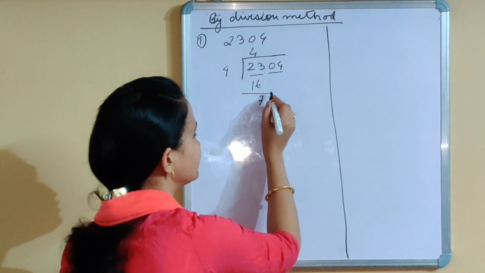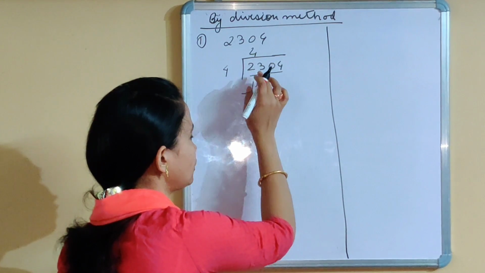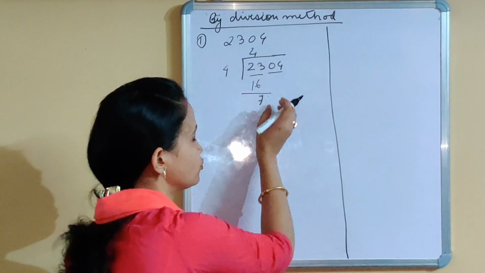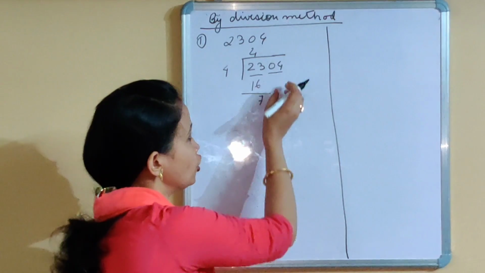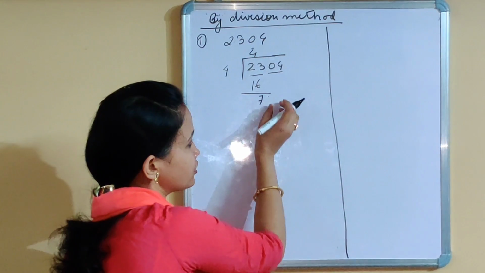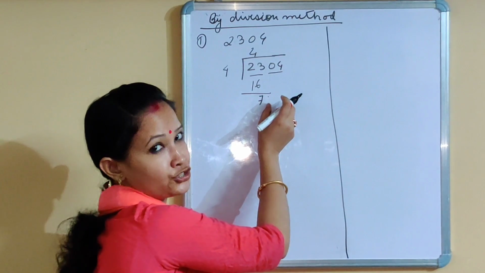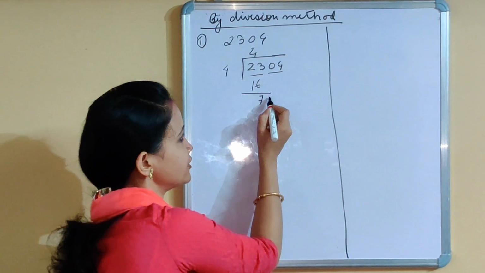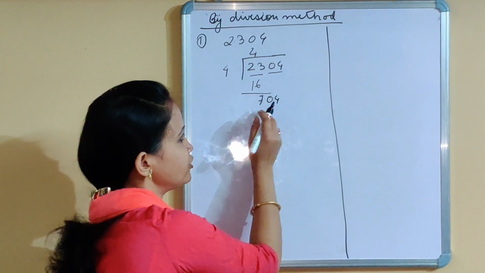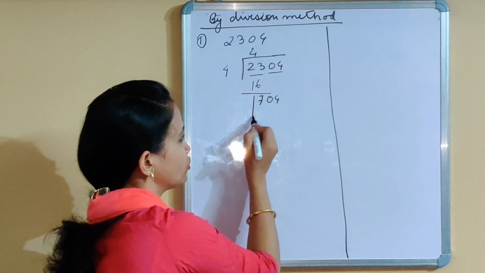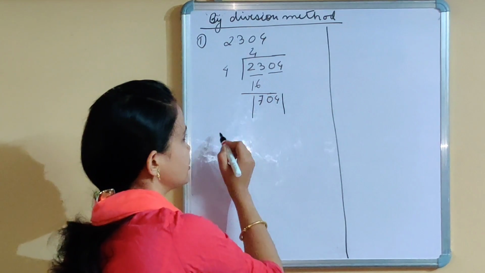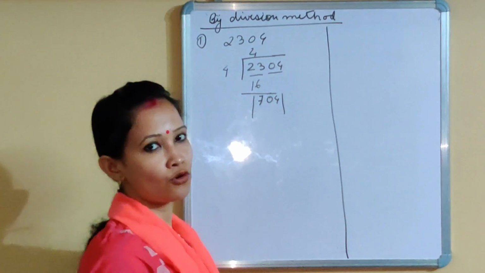Here again you see, when we have to bring a number down, you have to bring these two numbers together, not only 0. You bring these two numbers down: 704. Now you see, what is the double of 4?